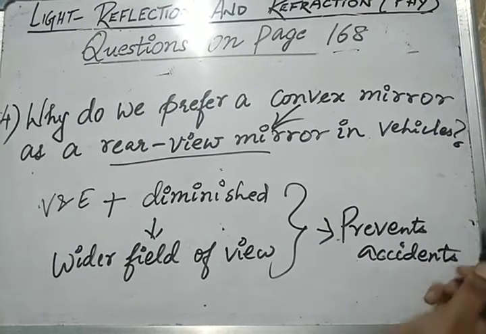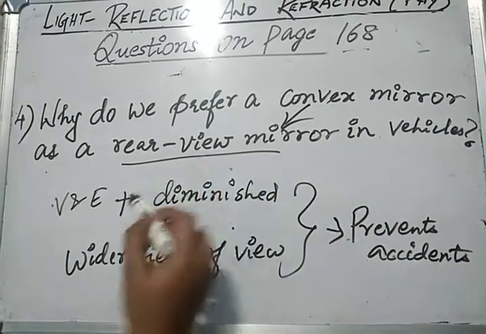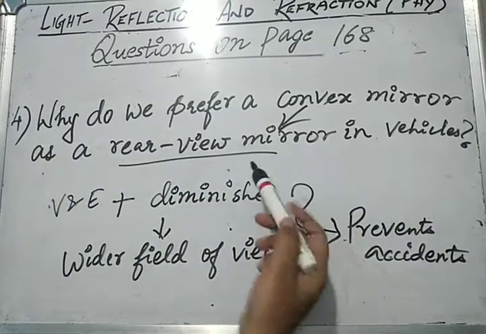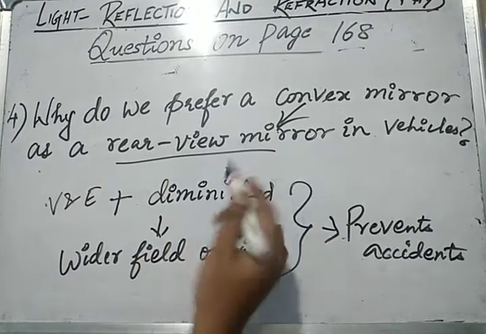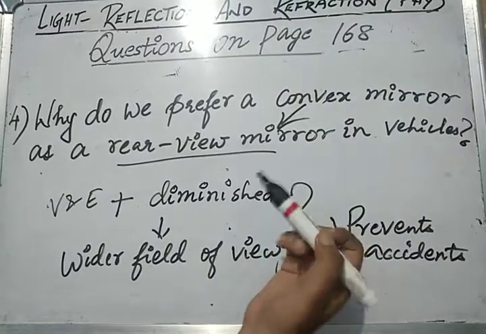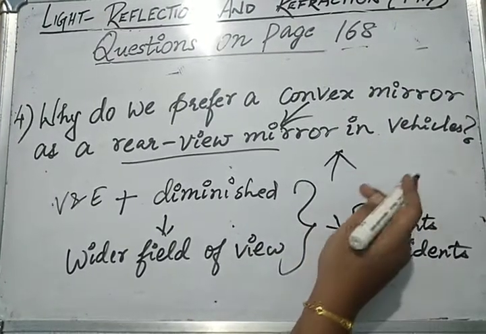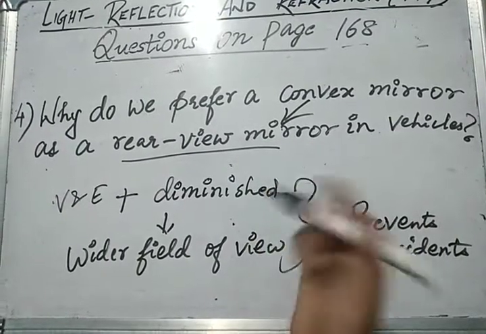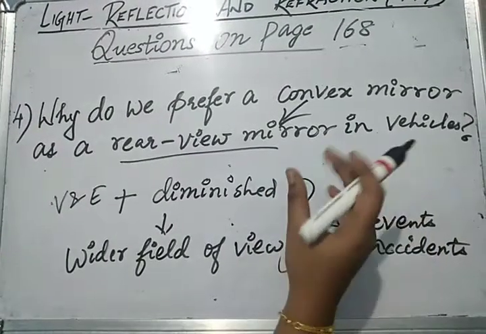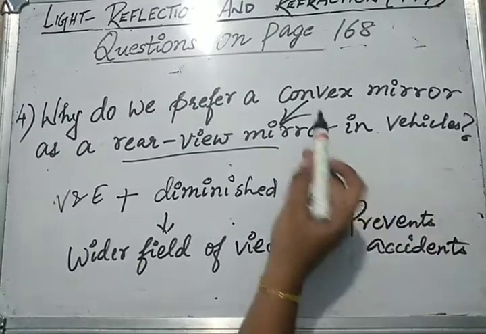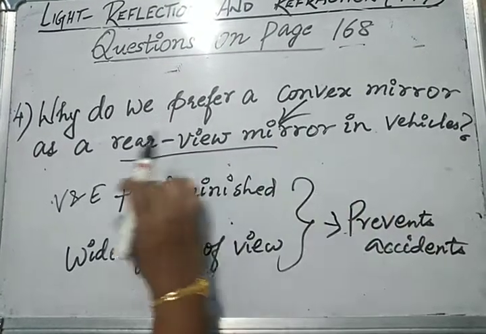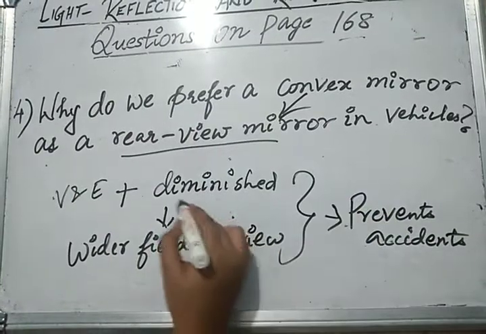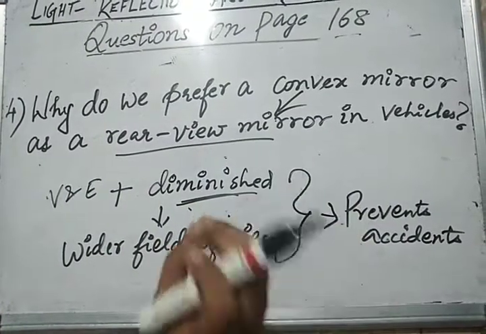Because of this reason, we use convex mirrors as rear view mirrors in vehicles, not any other mirror. Because if we use concave mirrors, they'll give enlarged image of the object and we won't be able to see anything clearly. If we use plane mirror, it'll give the same size of the object, but in convex mirrors it gives a wider field of view since the size of the image is diminished.